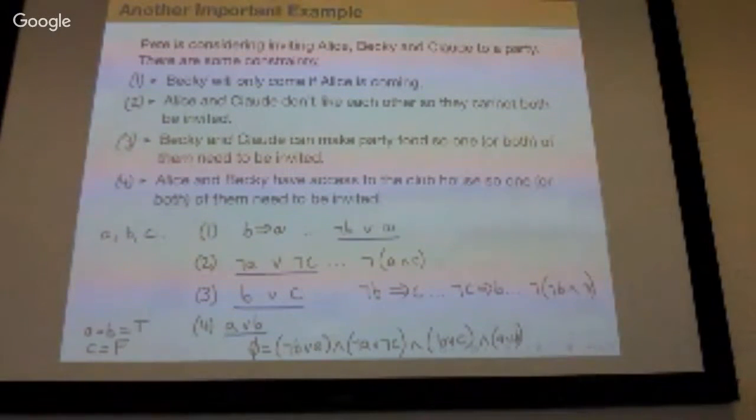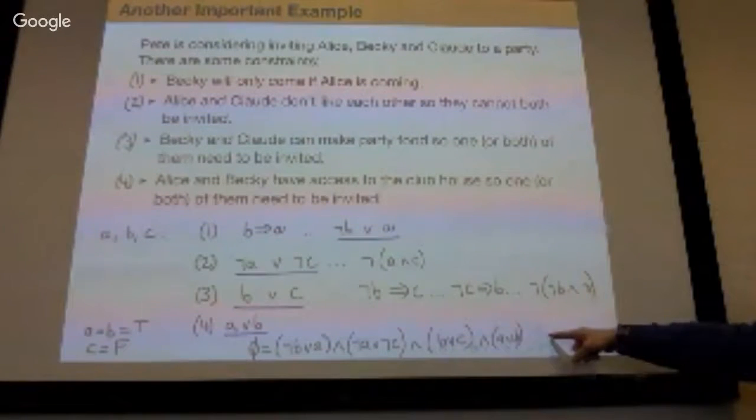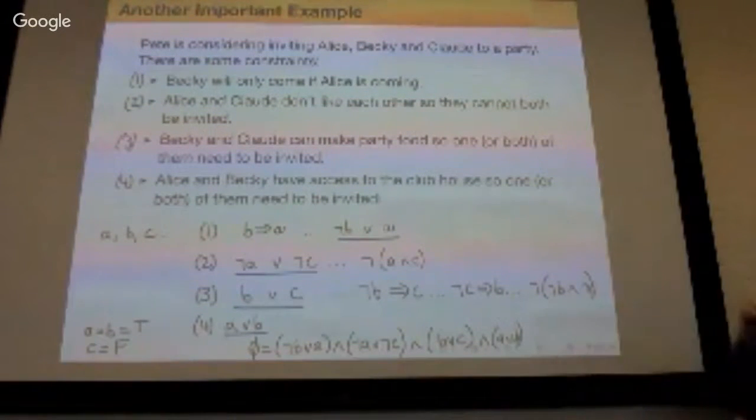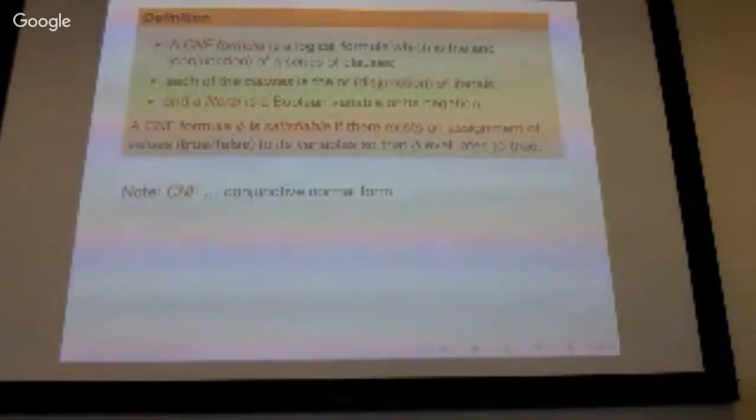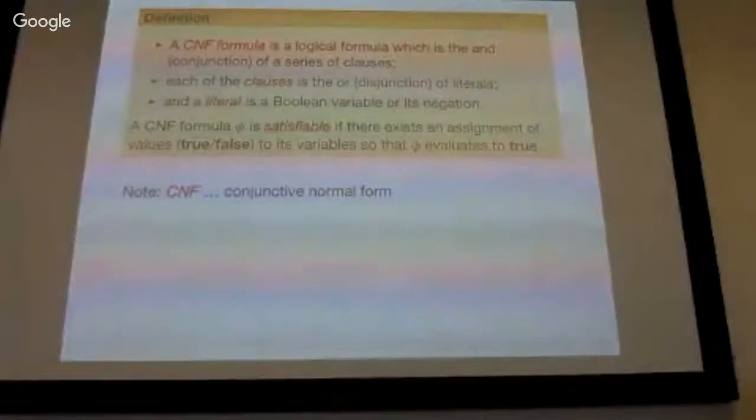Okay, so this sort of formula is called a CNF formula. CNF stands for conjunctive normal form. And that's the next slide. Says everything. I don't have to write anything.